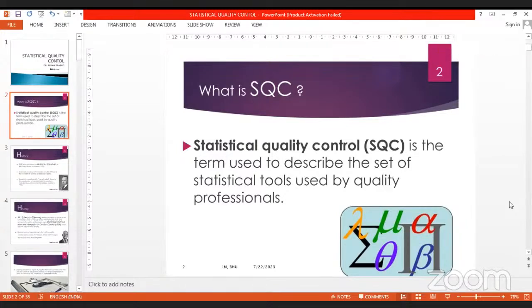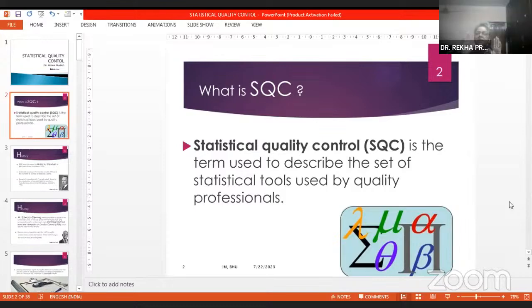Actually, in statistics, dimensions are not changed frequently, because this is what you will describe in the process capability slide. This exercise is done at the time of development, when the product is developed and the process is going on.